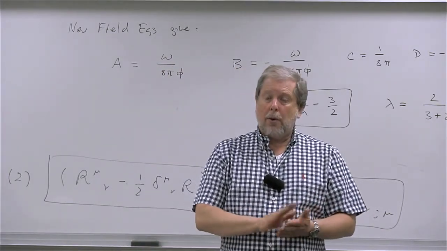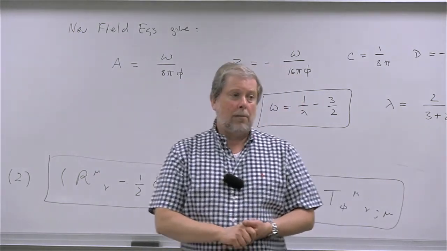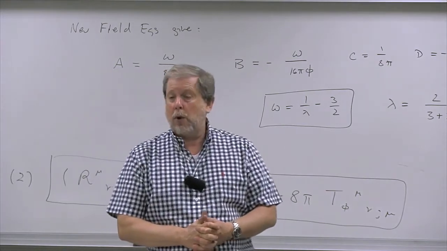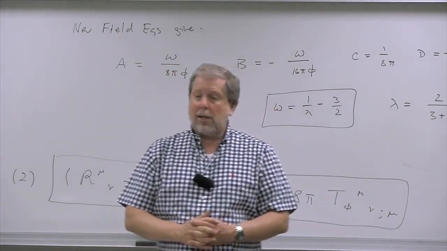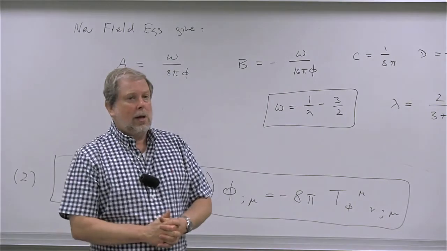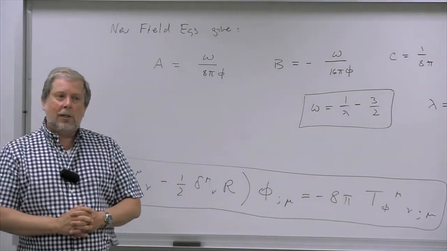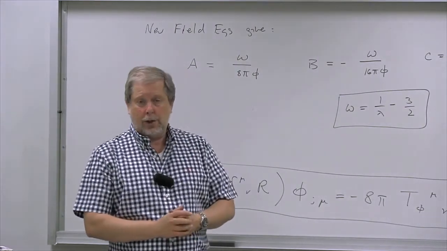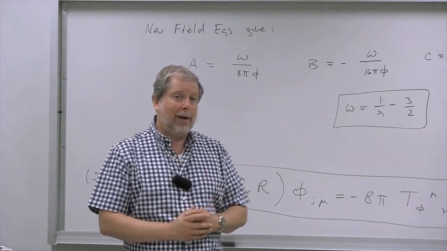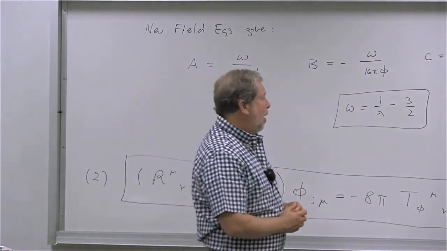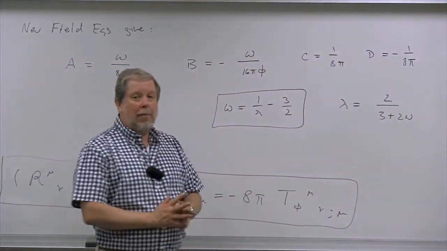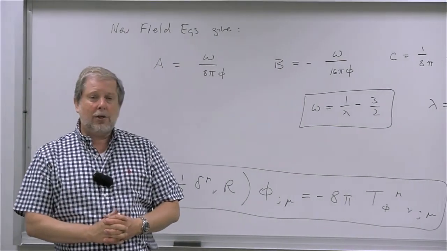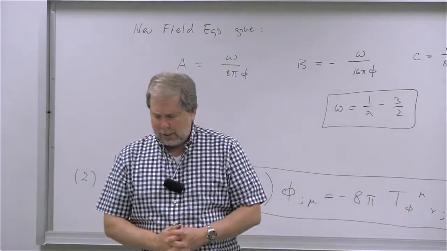And you can now compare what the Brans-Dicke theory gives versus the original Einstein theory and see to what extent this omega is non-zero. Well, in the early days, in the 60s, the observational tests of general relativity were not that stringent, but nowadays we have a lot of very accurate experiments. And one finds that, in fact, nowadays omega has to be quite large, so this lambda term is very small.